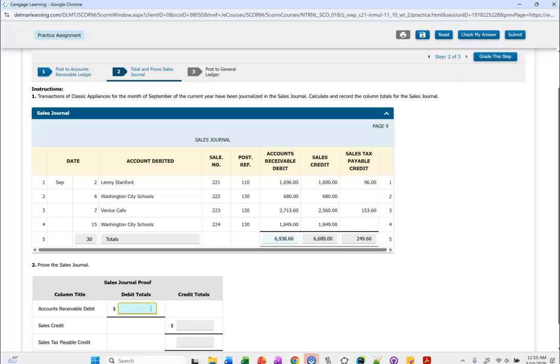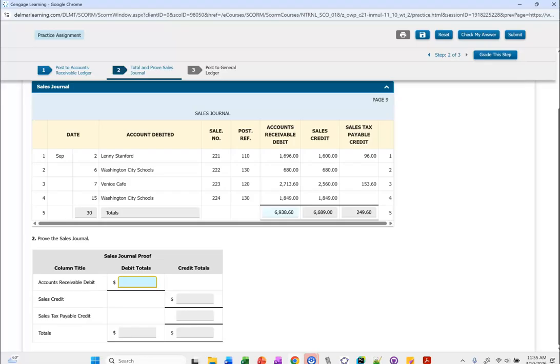Before I go and check here, I'm going to check to make sure that the sum of my credit columns equals my debit column, just to be sure. And it does on my end, so I'm quite happy with what I've done.